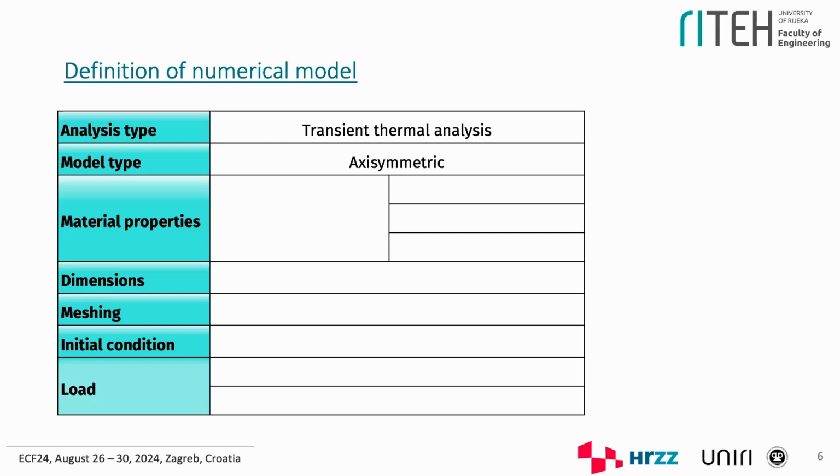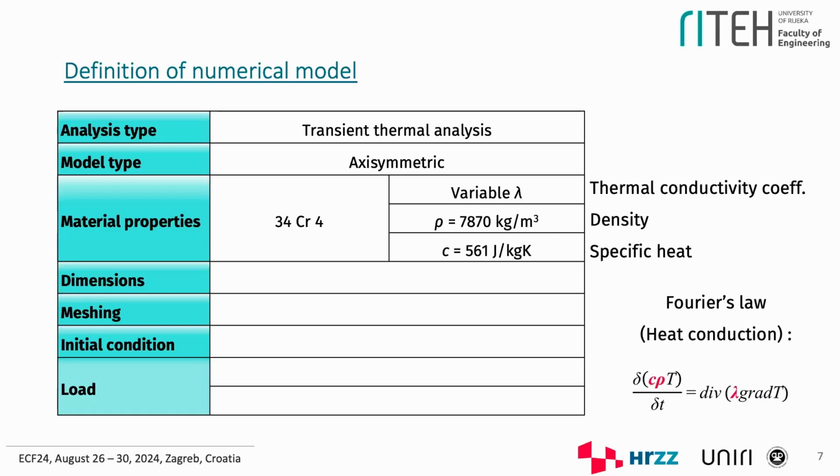Material properties are the ones according to the reference steel information we have, that is 34 chrome 4. So we imported all the properties into our code. Those are thermal conductivity coefficient, density, and specific heat. All of these parameters are a part of Fourier's law for heat conduction.